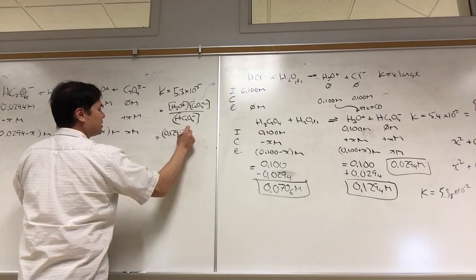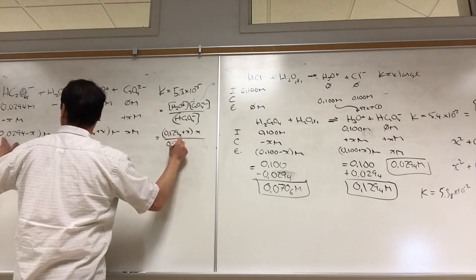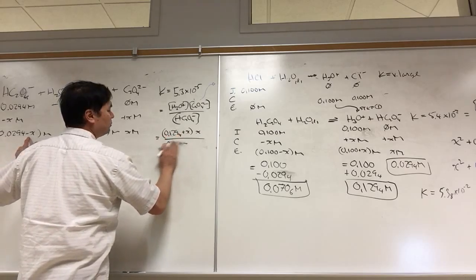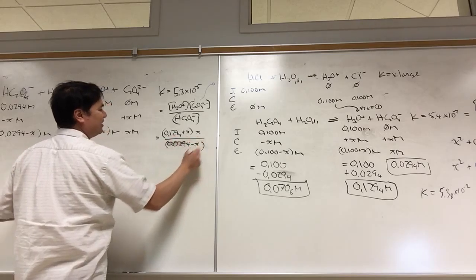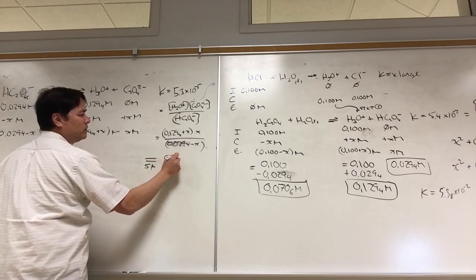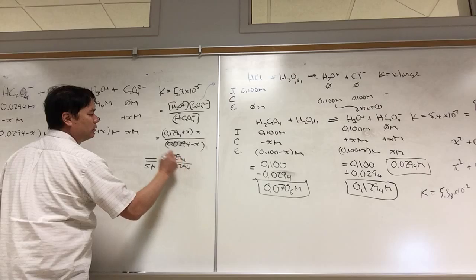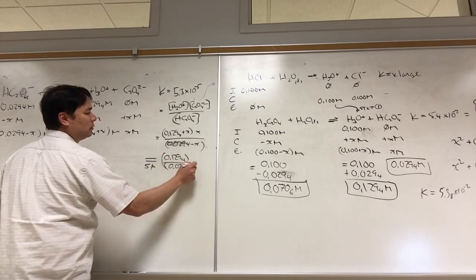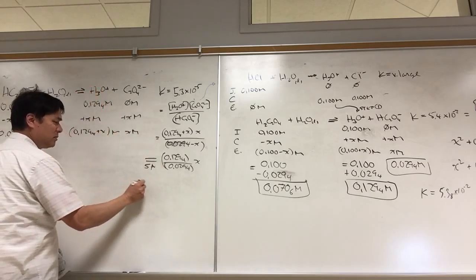And so this is going to be 0.1294 plus X times X divided by 0.0294 minus X. We'll just try the simplifying assumption. And so this is going to be 0.1294 divided by 0.0294 times X. Can someone solve for X?